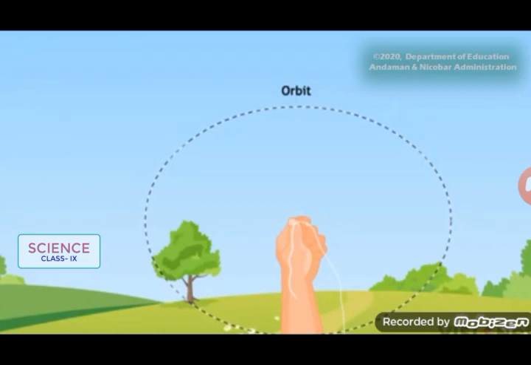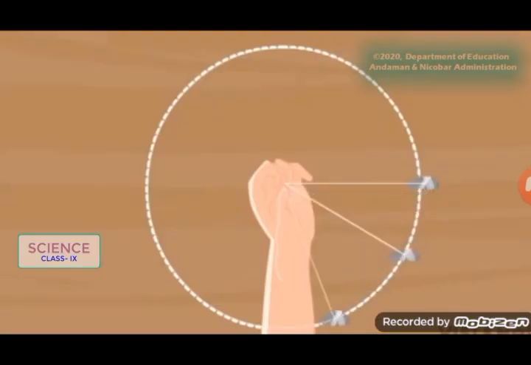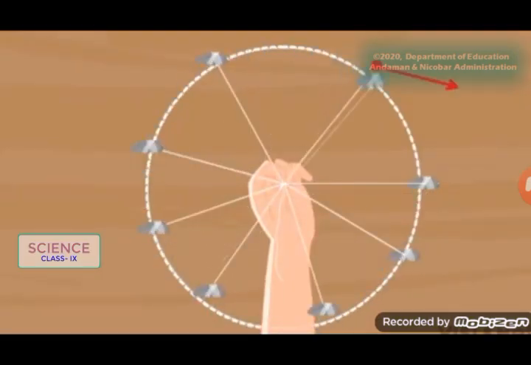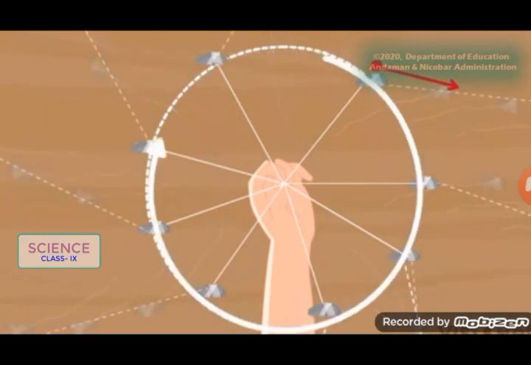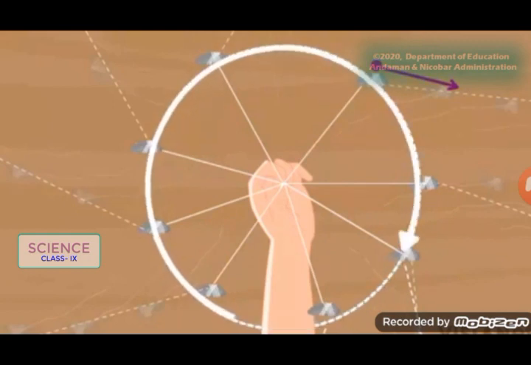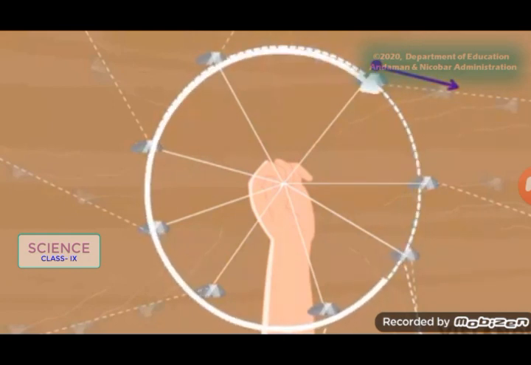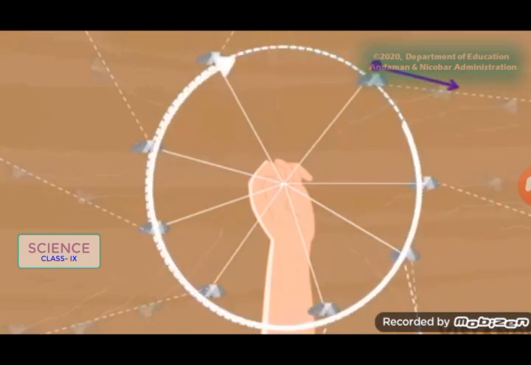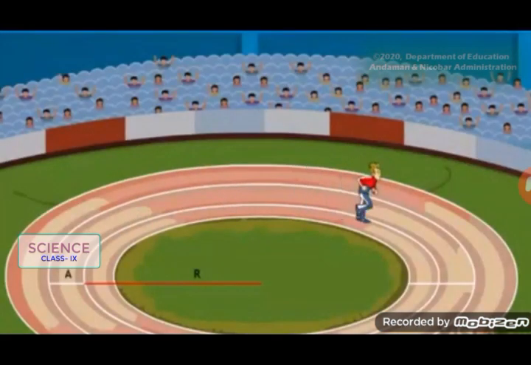Hence at every position the direction is different. So the change in direction causes change in velocity. When there is a change in velocity, then we can say that the body is accelerating. If the stone is released at any point, then the direction of motion will be the tangent to the circle. Likewise, the motion of an athlete in a circular track is also a uniform circular motion.